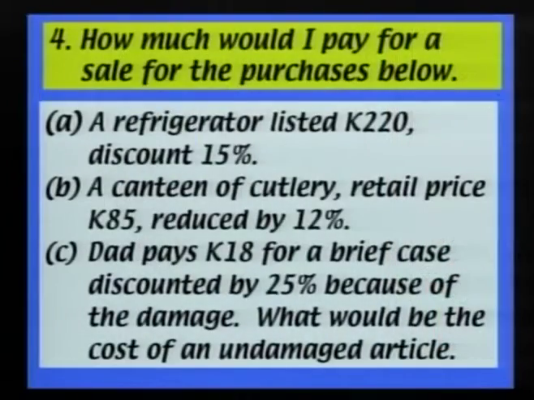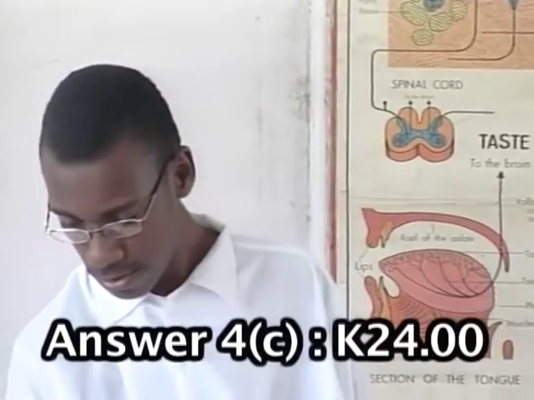Dad pays 18 kina, are you sure? Dad pays 18 kina for a briefcase discounted by 20% because of the damage. What would be the cost of an undamaged briefcase? 24 kina. Okay, that's better.